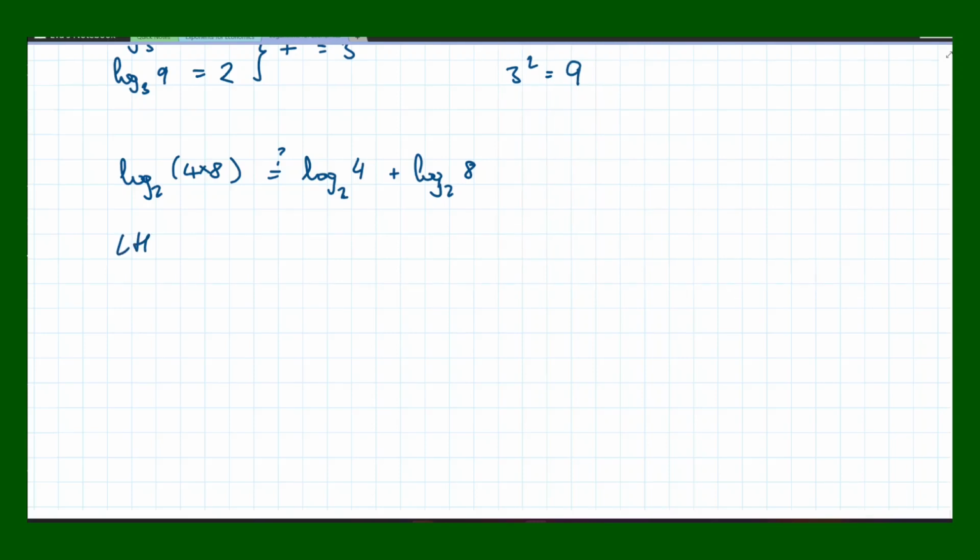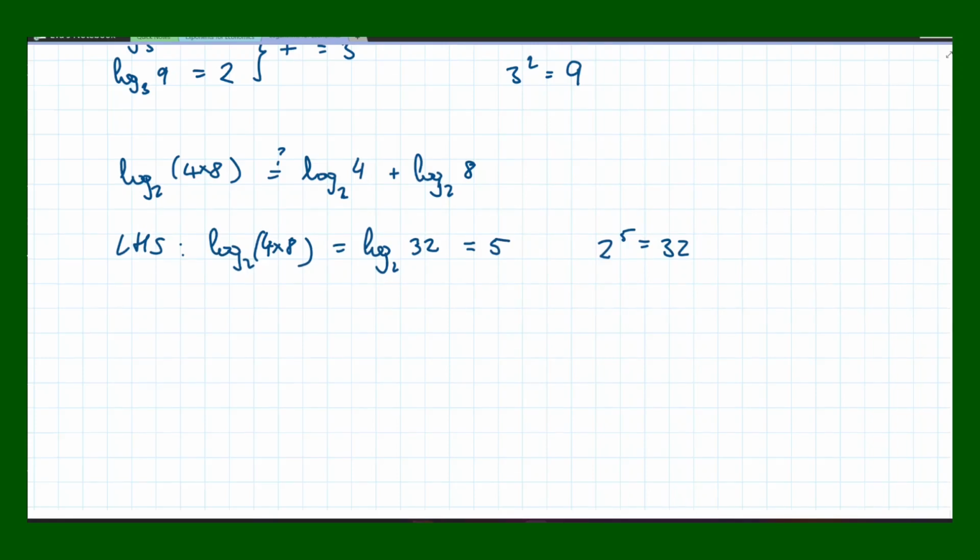The left-hand side, LHS, is log base 2 of (4 times 8). I can multiply 4 and 8 together. That gives me 32, because 4 is like doubling and doubling again: double of 8 is 16 and double of 16 is 32. But I also remember that 2 to the 5th is equal to 32. So this whole logarithmic expression is equal to 5.